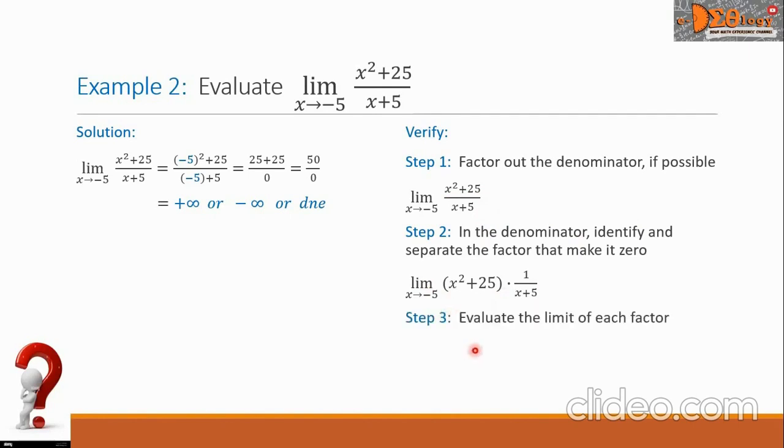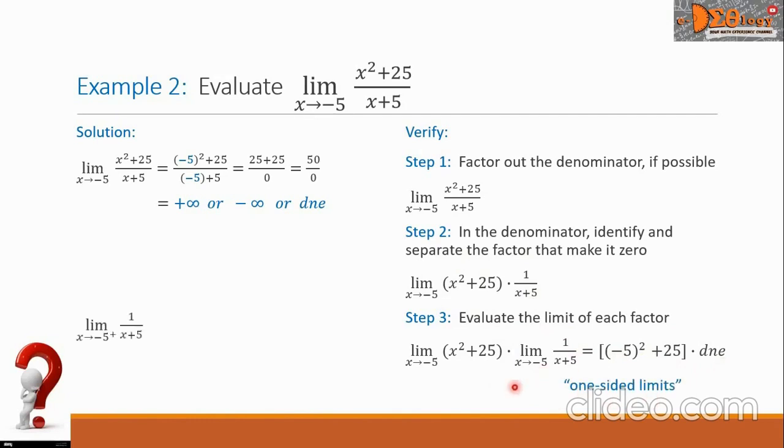Step 3. Evaluate the limit of each factor. So let us show we're taking the limit of this function times the limit of this function. Evaluating the limit here, we have now the quantity the square of negative 5 plus 25. The limit of this function here will give us DNE, which means does not exist. As background, let us remember the one-sided limits.